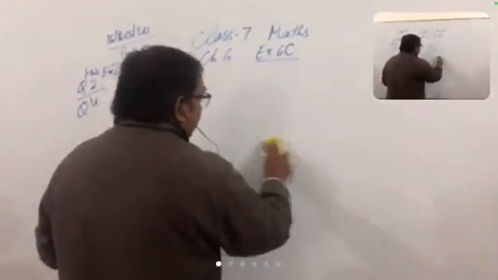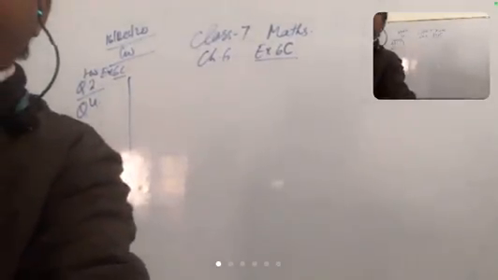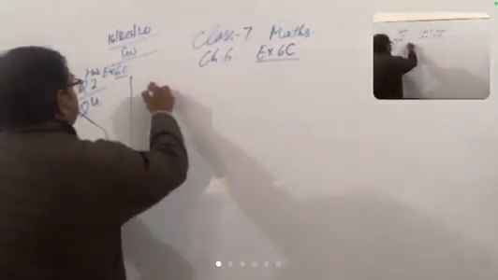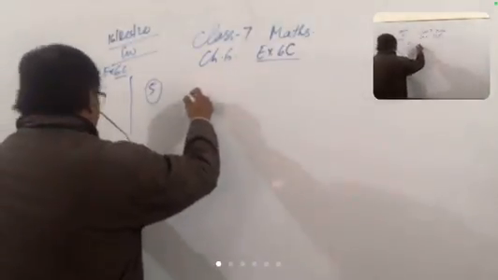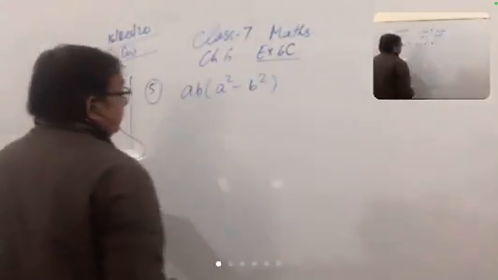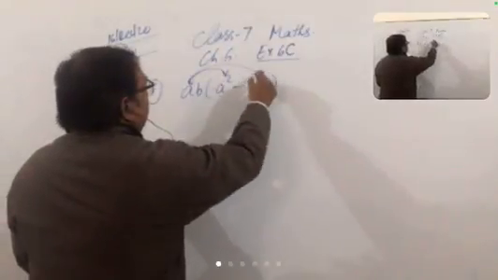Now just read question number 5. ab, bracket, a square minus b square, bracket close. So first we have to multiply this and then this.